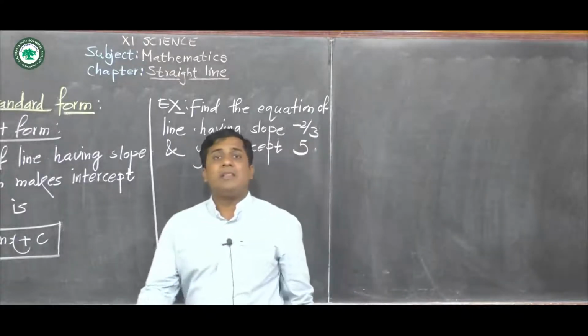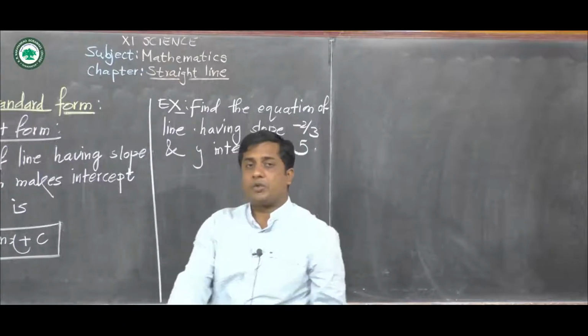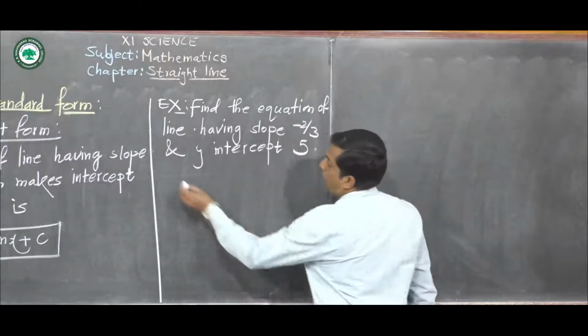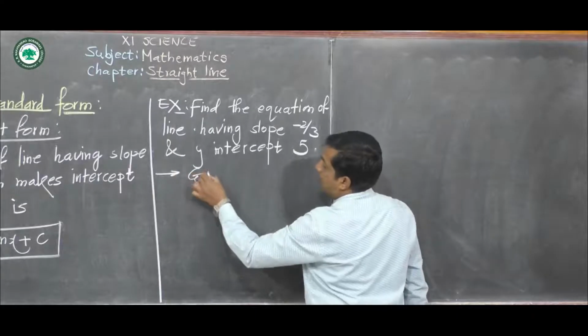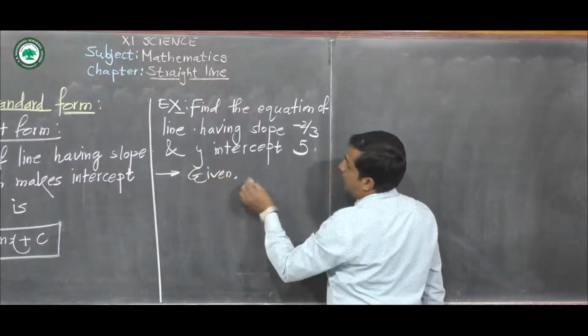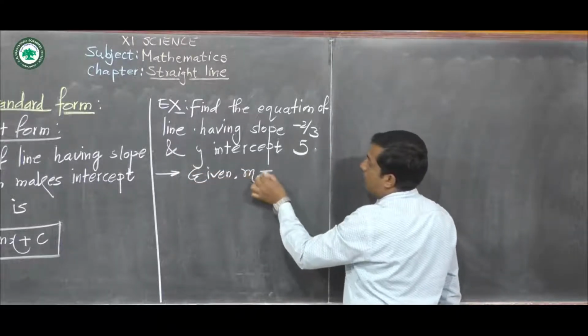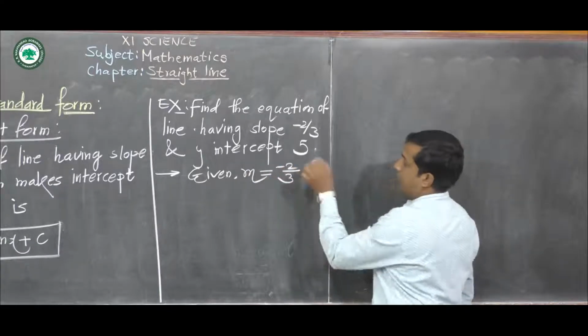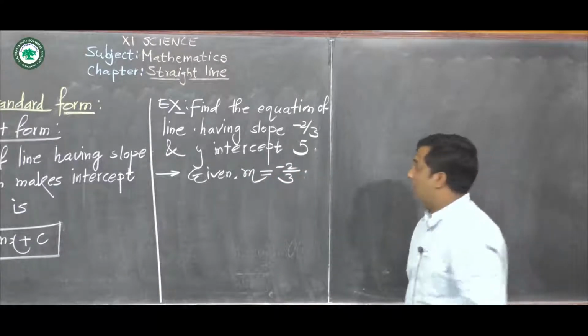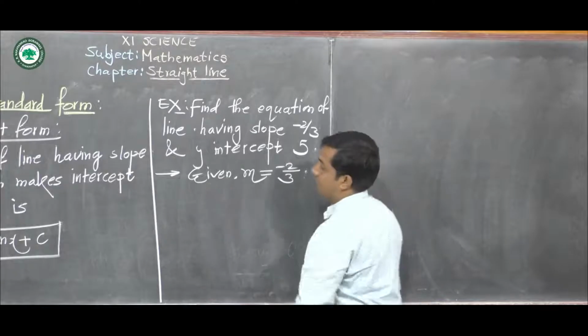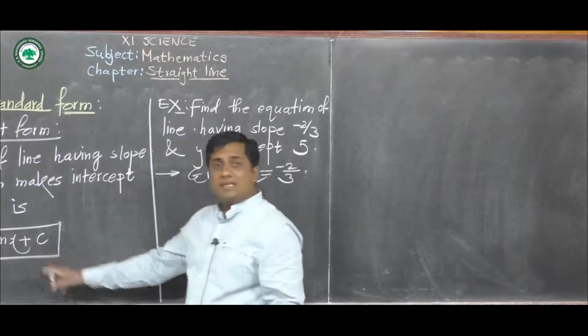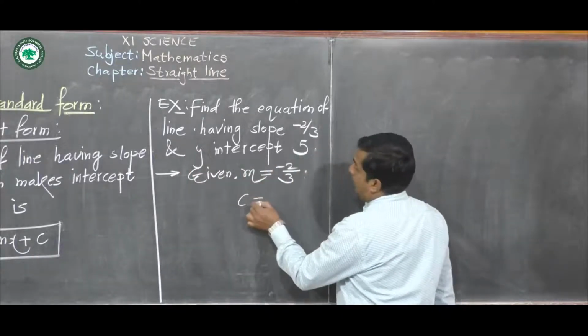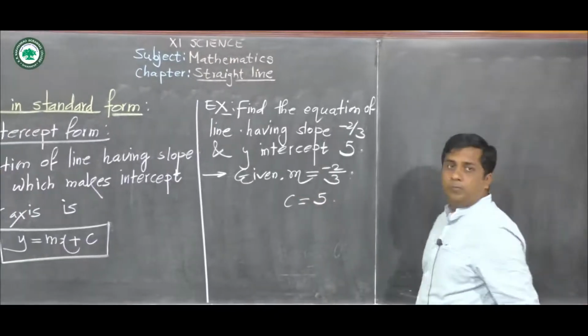So using given things, we have to find the equation of line. Firstly, we go with the given things. Suppose m is the slope, so m is minus 2 upon 3. Then the y-intercept is given, so c is equal to 5.